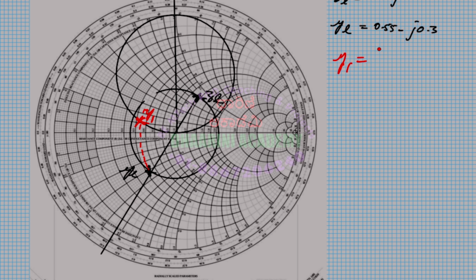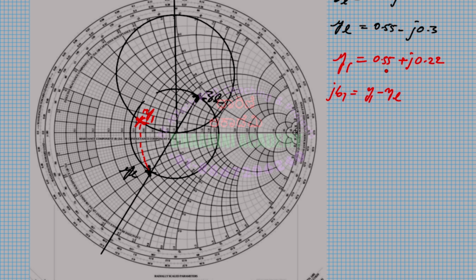0.55. The same value should come, right? Because if you remember, plus J 0.22, correct? Okay, so you know that the JB1 value should be equal to Y1 minus YL, right?